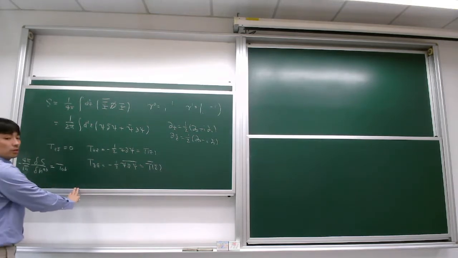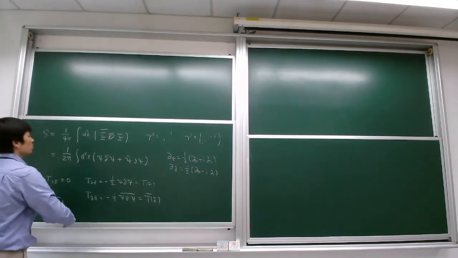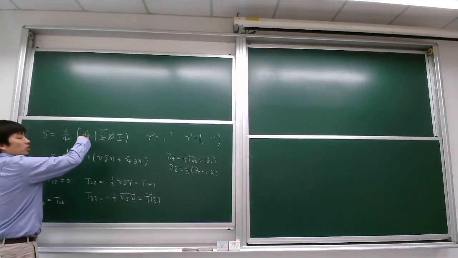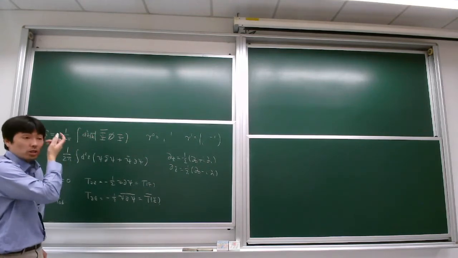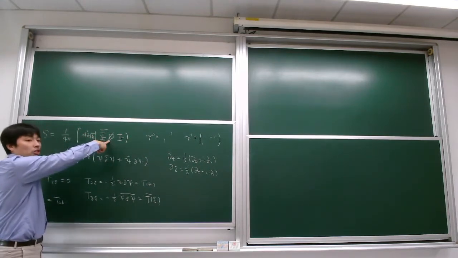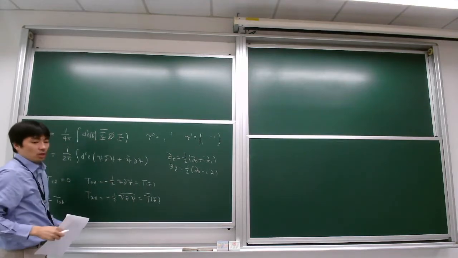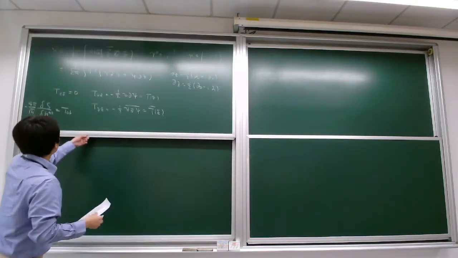So you can start with this. You can just change the metric, introduce square root h here, and here you also have g appearing. That's one way to derive it.